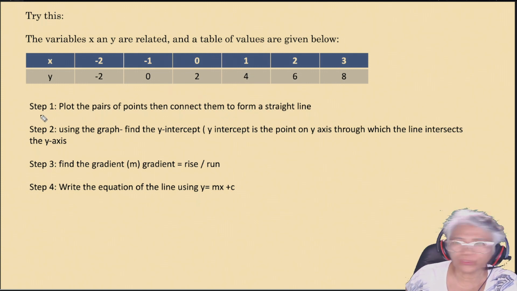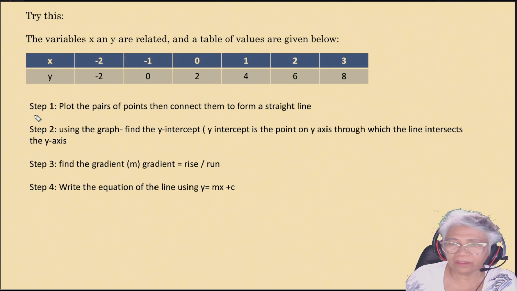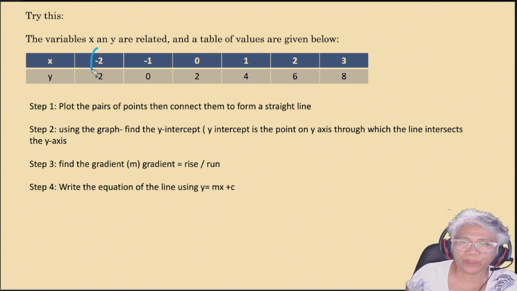Of course, you're given the x and y coordinates on the Cartesian plane. So you need to plot these pairs of points. So this pair would mean 1 point. And this pair would mean another point. Okay? So remember, you have to look at x first.